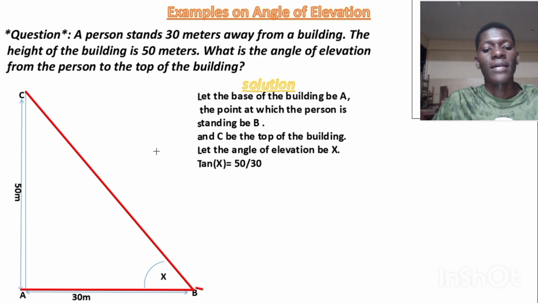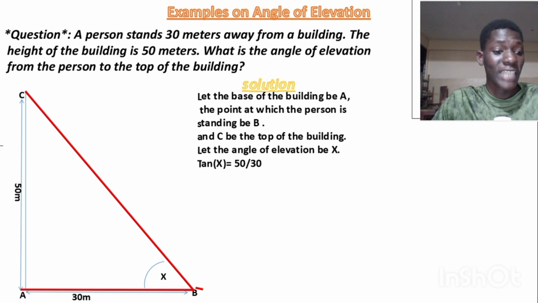Looking at the data we have, we are looking for this angle and we have two distances: the height of the building and the distance from the base of the building to where the person was standing. We look at the relationship these have with our angle. This distance is opposite to our angle, and this one is adjacent to the angle.